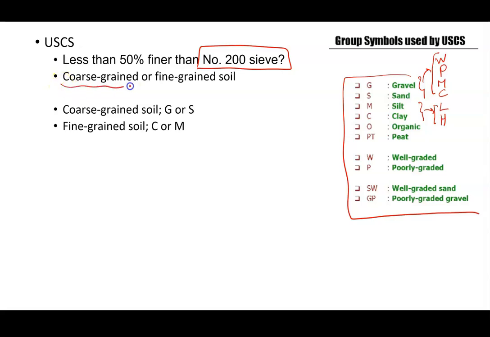Then you can answer the question and determine if you have a coarse-grained sample or a fine-grained sample. If it's coarse grain, then it's mostly sand or gravel. If it's fine grain, it's mostly silt or clay.